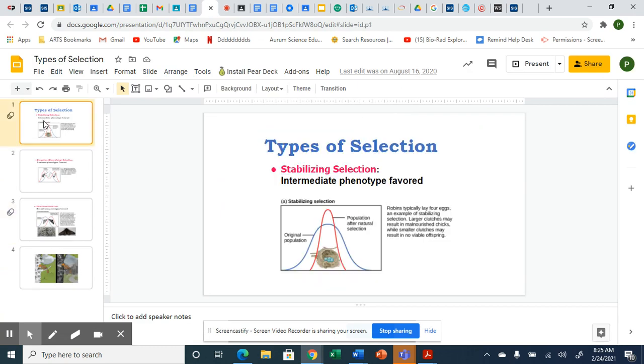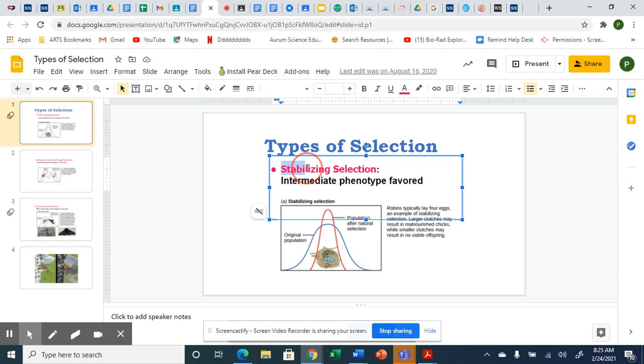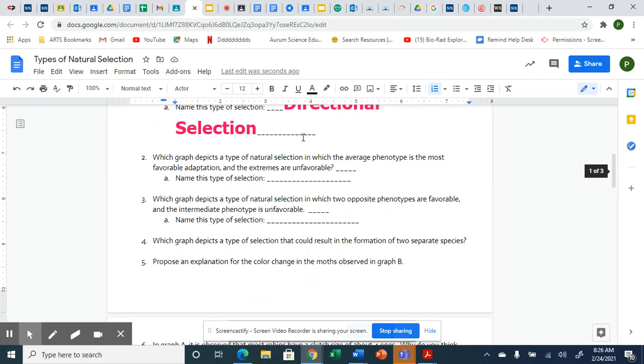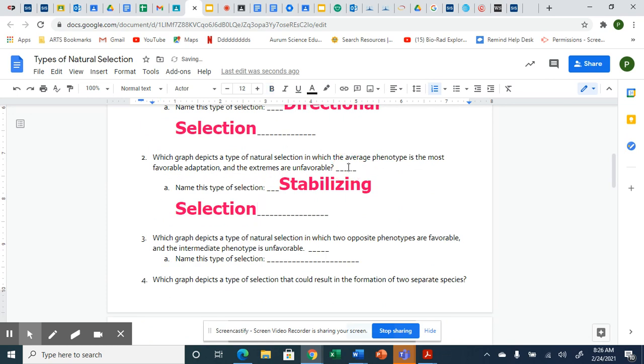So, stabilizing selection. All right, we'll go with this. Control C, move down, Control V. So this is A.